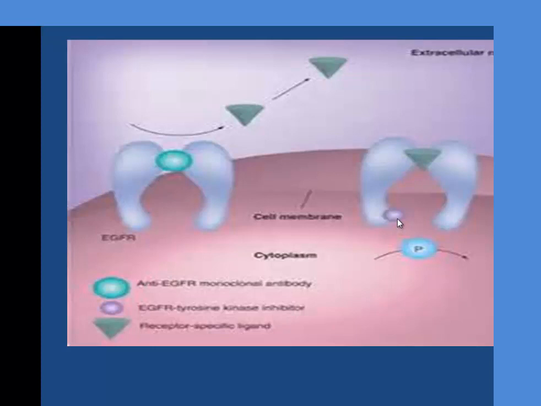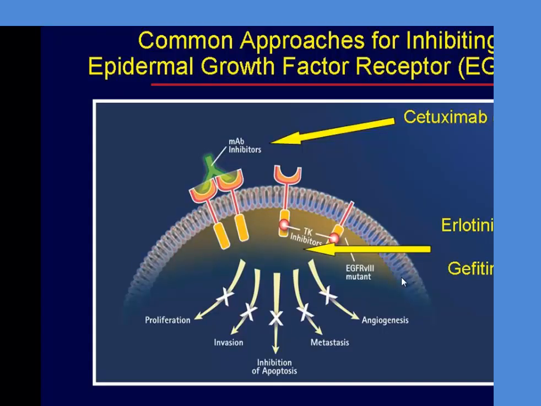That's the inhibitor. So it binds to the receptor, prevents phosphorylation of tyrosine kinase to take place. This is the beauty of it. The tyrosine kinase inhibitors, erlotinib and gefitinib.